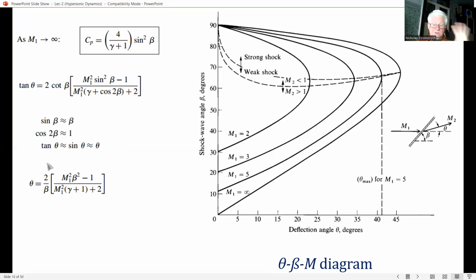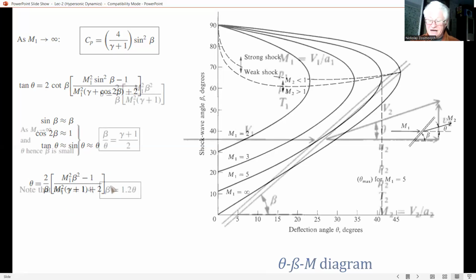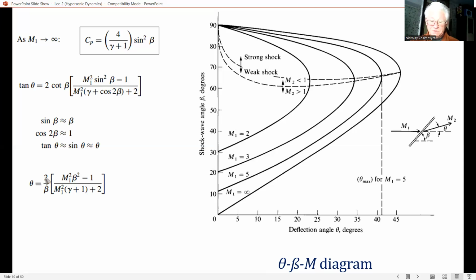And they give us a result for theta exactly this: theta equals 2 over beta, next component in parentheses, M1 squared beta squared minus 1, over M1 squared times gamma plus 1 plus 2. Okay? So from this expression we can find the shock wave angle beta over deflection angle theta.